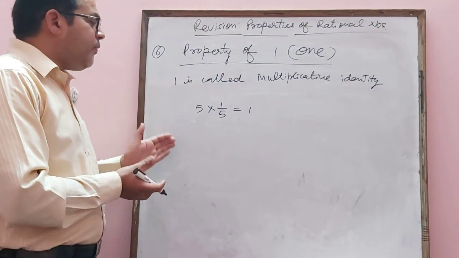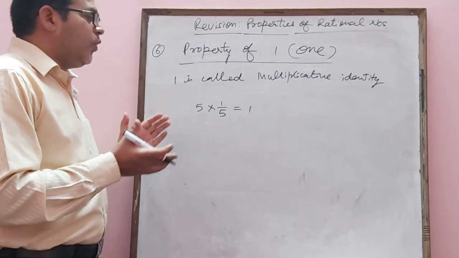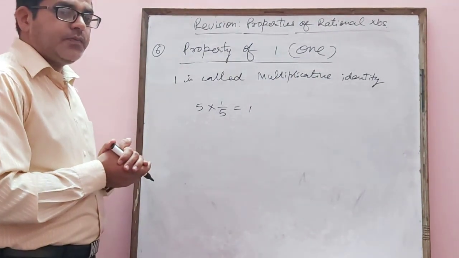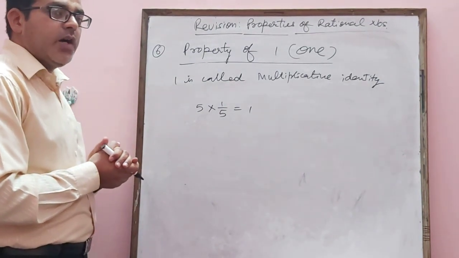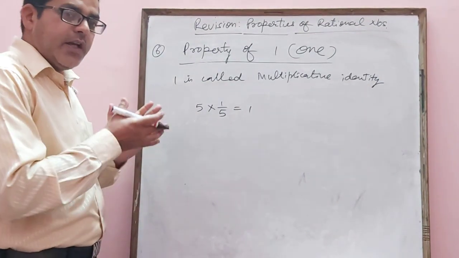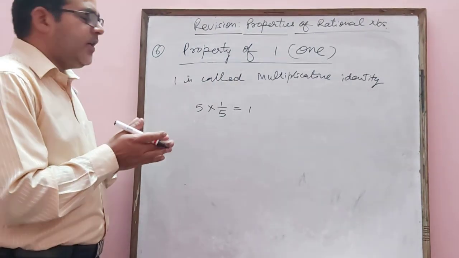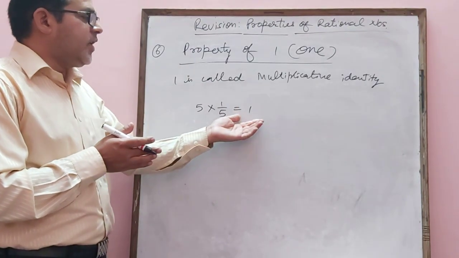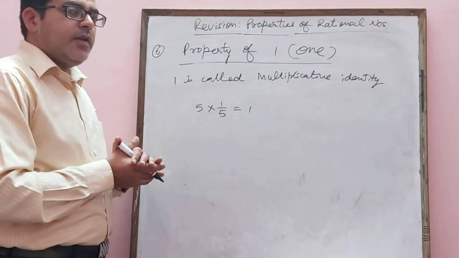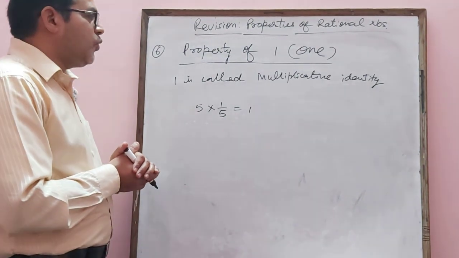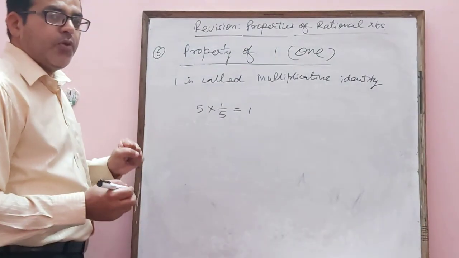The conclusion is, if we multiply two numbers whose product is 1, we can say that the numbers are multiplicative inverses of each other. Once again I am reminding you, if you multiply two rational numbers in such a way that their product is 1, we can say the numbers are multiplicative inverses of each other, or we can also say reciprocals.